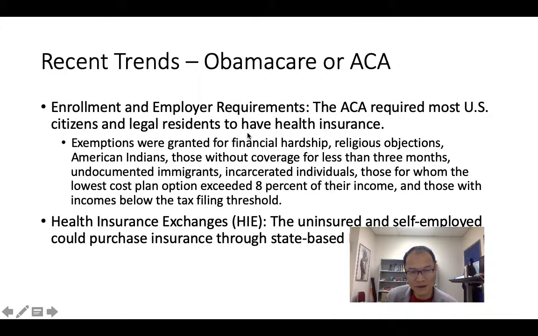More recently, Obama was able to pass the ACA, the Affordable Care Act, or Obamacare, that made some revisions to the existing system. For example, enrollment is required for most Americans. It's not a universal requirement that everybody has to buy insurance.